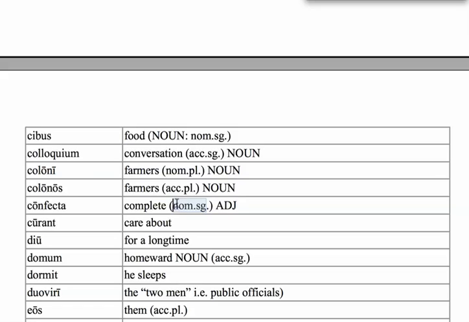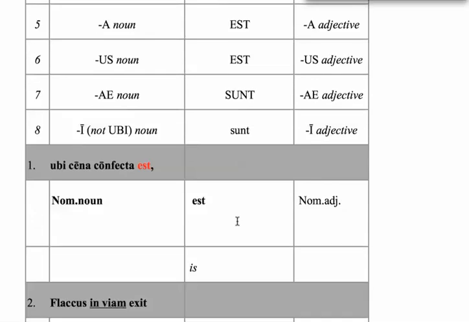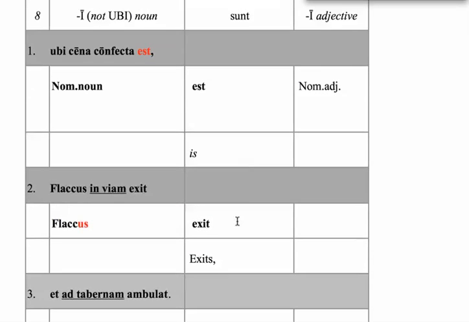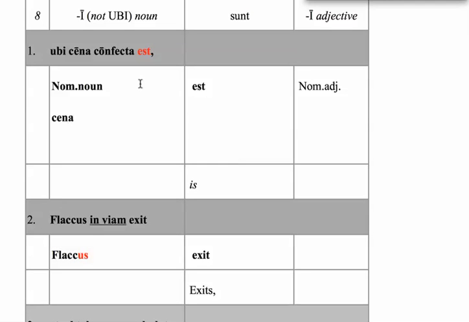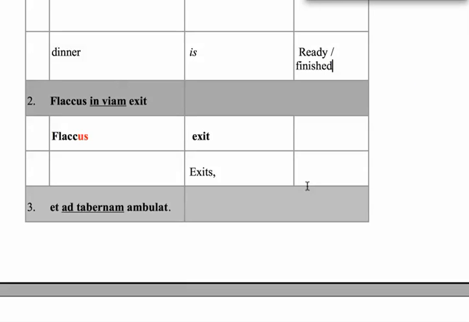This has to match the noun, and it's the adjective. So that means in number 1, the noun goes here, in this case cena, dinner, and the adjective here, confecta. So dinner is ready or finished. Okay.